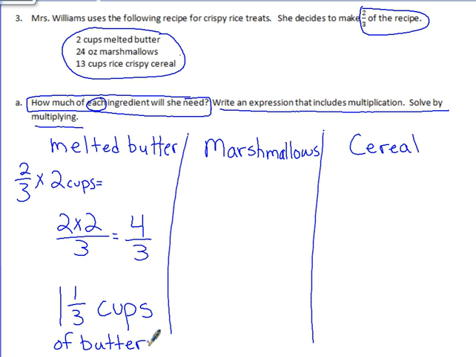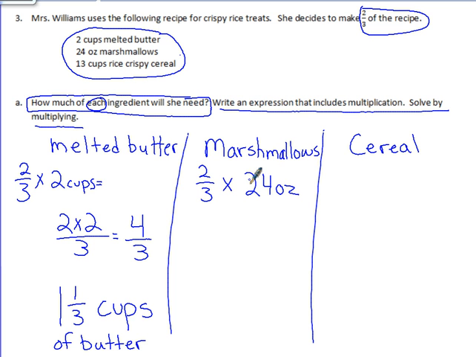Now I must find out how many ounces of marshmallows I need. So, let's see, a full recipe is 24 ounces, and I want 2/3 of that recipe. So 2/3 of, because remember, multiplication says of, we can switch of for the multiplication sign. I have this numerator, denominator, whole number.